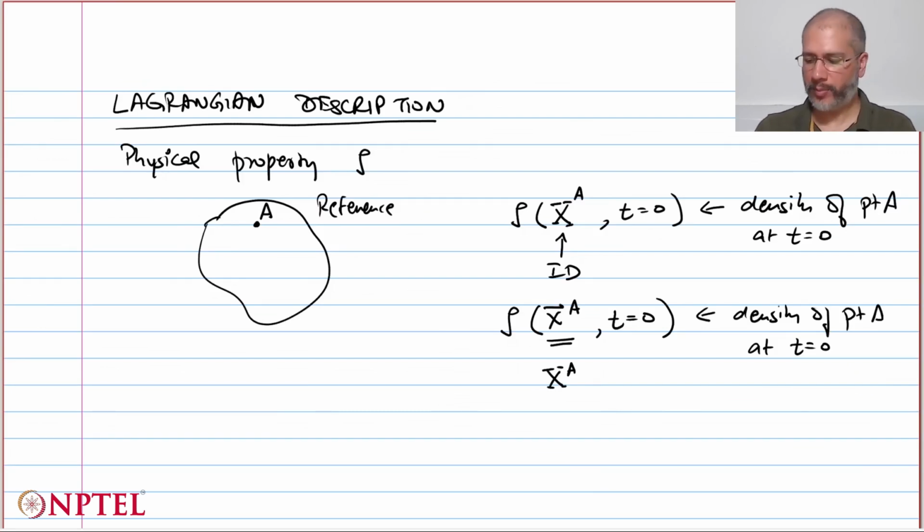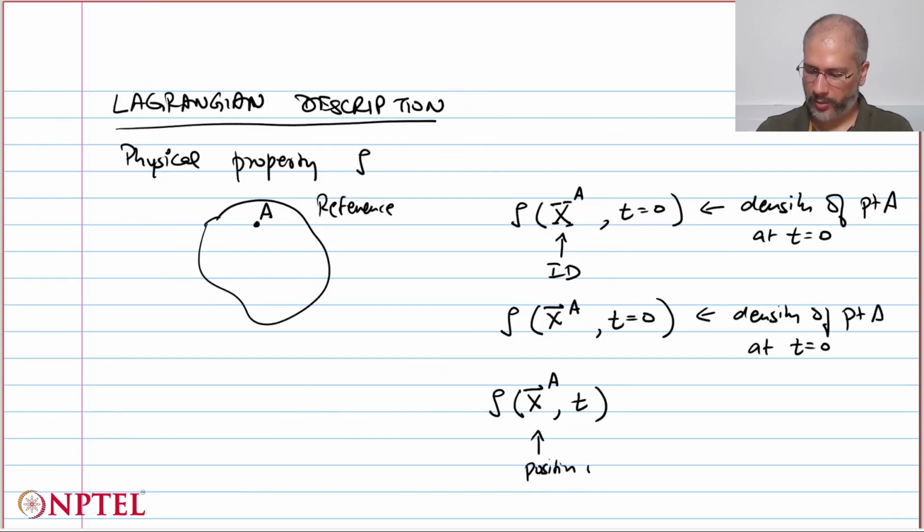But you may have noticed that I'm writing a t here as well. And the reason for that is that if I specify density as a function of capital X and time, what does that mean? Let's talk about the particle A only. So this is the position of A in reference configuration, which is basically a proxy for identifying the particle A. And this is some general time.